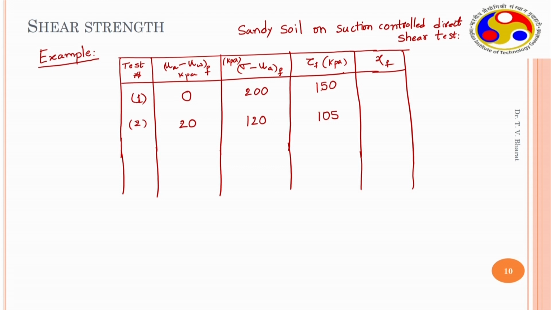So, the first test is a saturated test, because in our Bishop's expression when UA minus UW is equal to 0, it boils down to Terzaghi's expression. Anyway, this is a sandy soil, so the C dash is not present. So, only phi dash is present, and phi dash can now be determined using the first test, and subsequent tests would help in understanding how Xi f changes with change in the suction value.